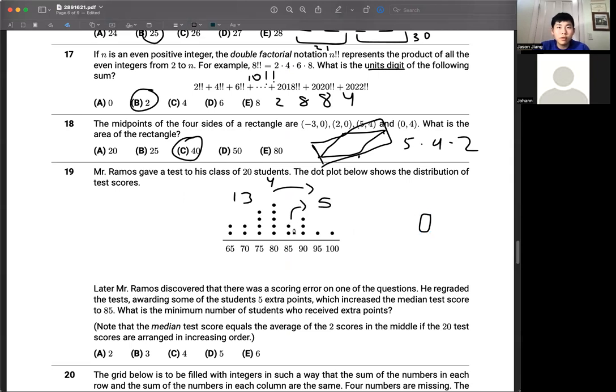Let's say we move these 2 students over. Then we would have a total of 7 students on this side and 11 students here. Or sorry, 13 still. But if we then move 2 students up to 85, we now have 11 students, and then we would have 2 on the 85.